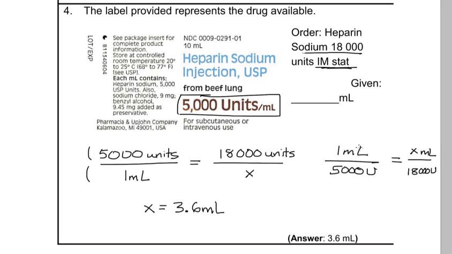Now, if you do that, the solution is still going to be 1 times 18,000 divided by 5,000. Your result will still be 3.6. So you cannot get these fractions wrong by putting them upside down. The solution will work either way.